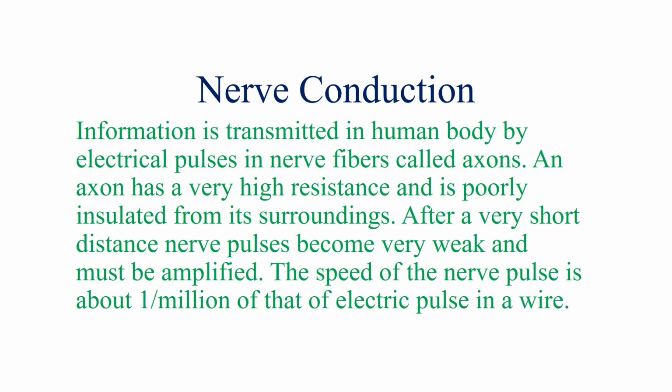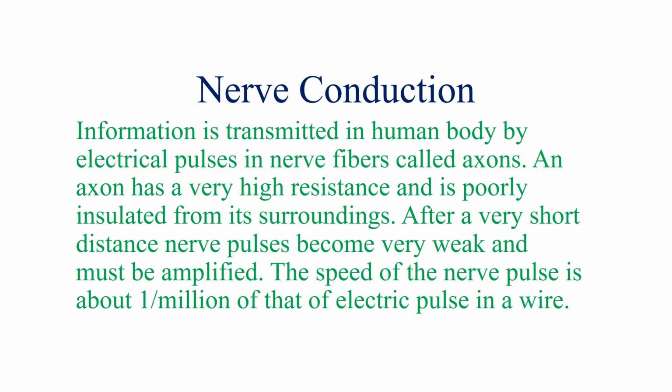Now, this conductor is poorly insulated from the surroundings by a thin, flat membrane that is made of a very bad insulating material. This is why most of the nerve current in the axon leaks out through the membrane to the surrounding interstitial fluid in a very short distance.